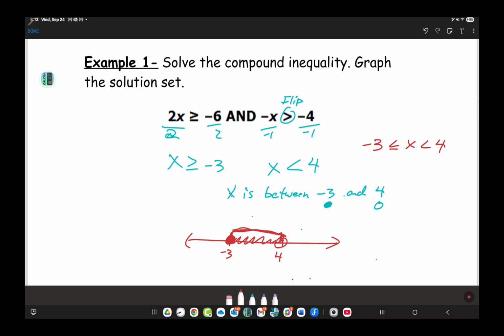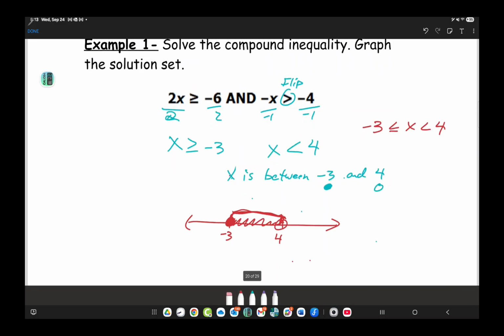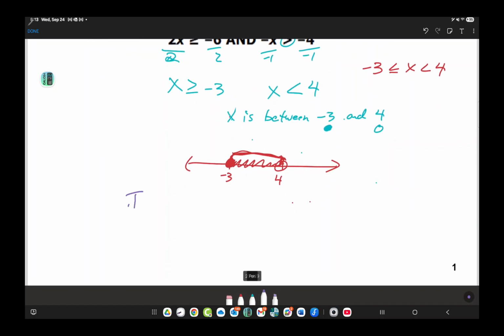Okay. Now, interval notation for this. All right, we have -3, 4. That should not be an issue. The question is, what do I put around -3 and what do I put around 4? -3 is a bracket.